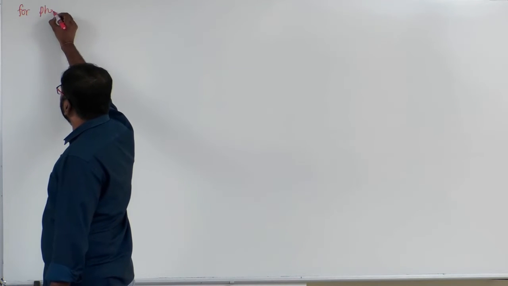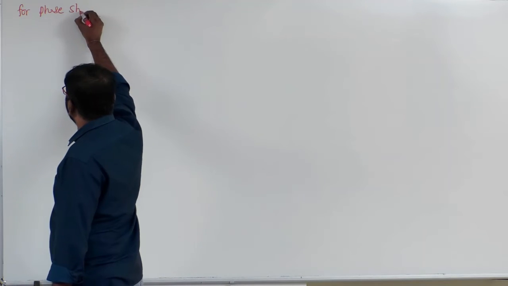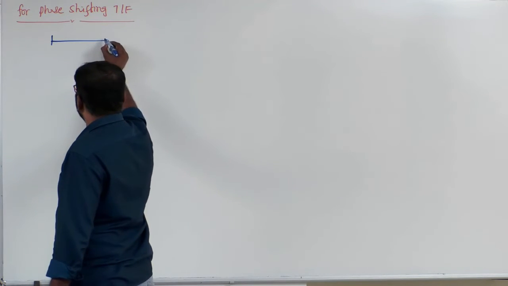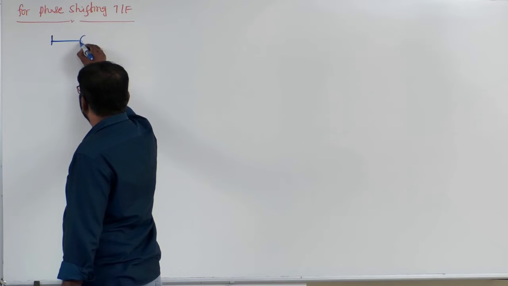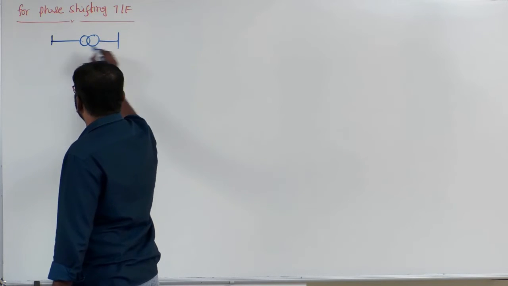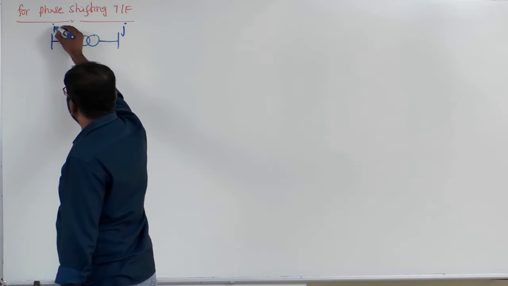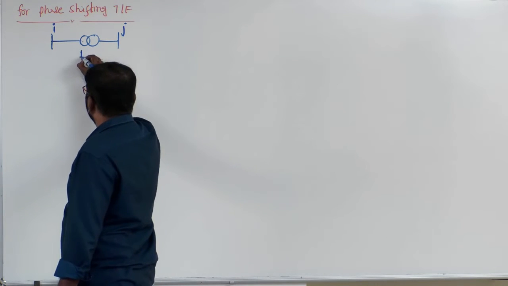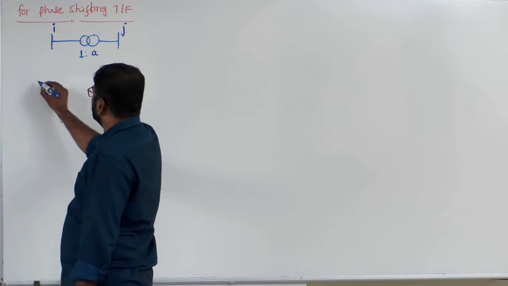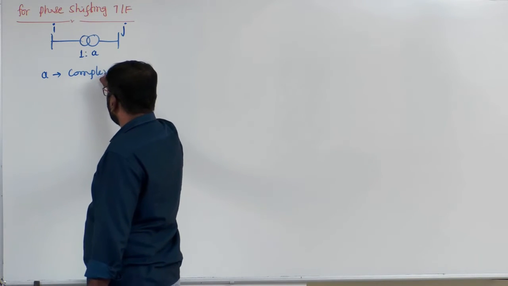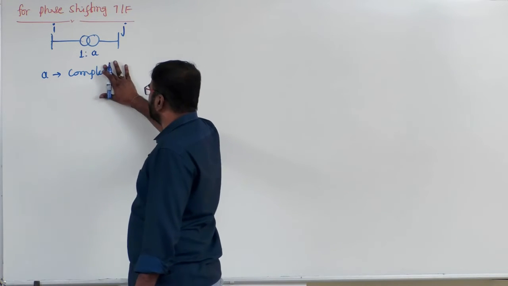Between the ith bus and jth bus, we have a phase shifting transformer with a complex turns ratio. A is a complex value.